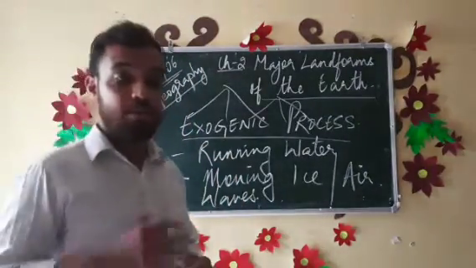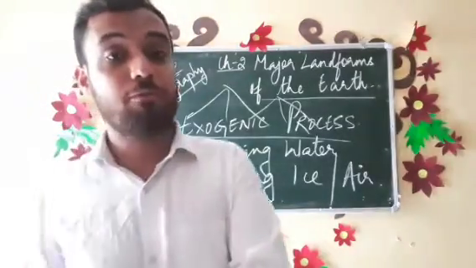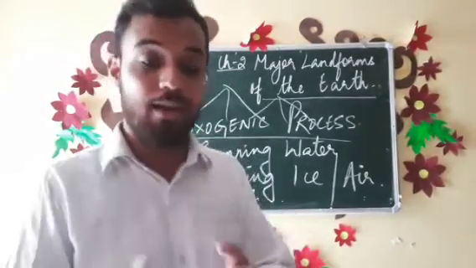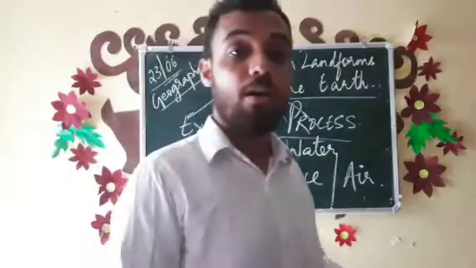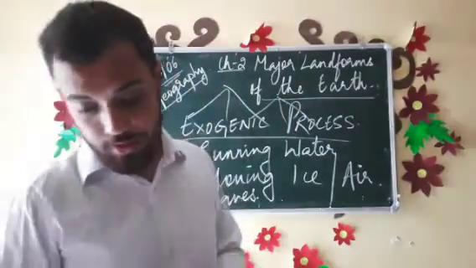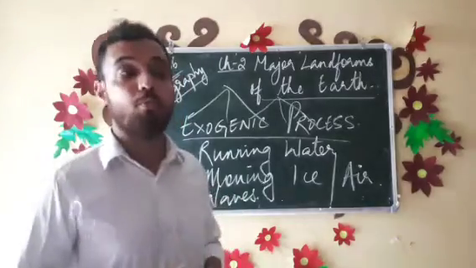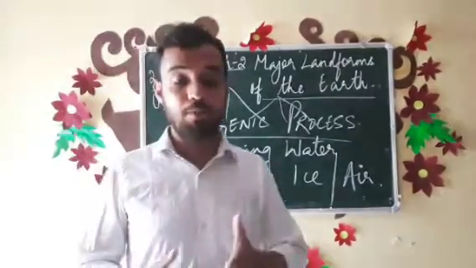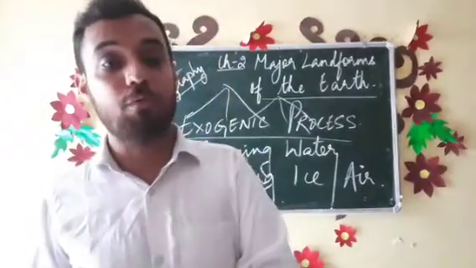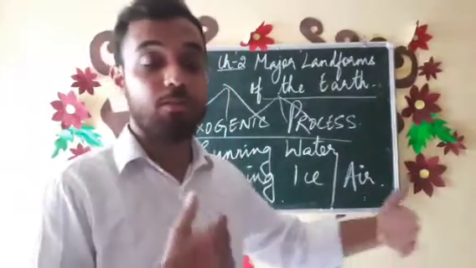erosion. What is erosion? When soil from one place is carried from one place to another, either by air or water. Next, transportation and deposition. What is transportation? Transportation can be simply conveyed as moving from one place to another.